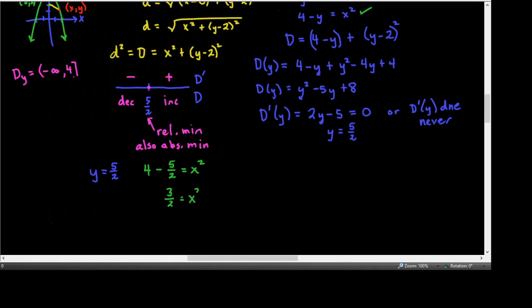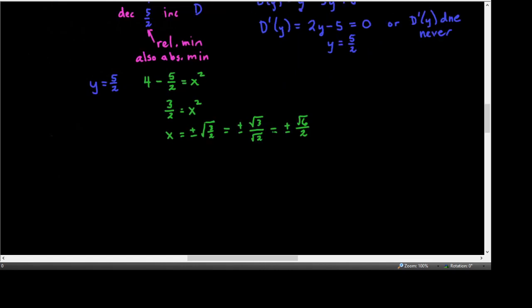That's x squared. And so that means that x is plus or minus the square root of 3 halves. Fractions under a radical are not considered simplified. So generally speaking, we split that into the square root of the numerator over the square root of the denominator, and then rationalize, and that will give you the square root of 6 over 2. Well, plus or minus that.